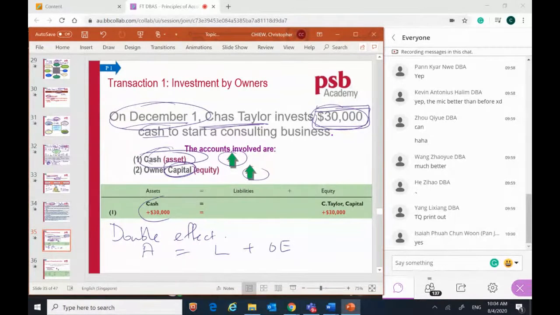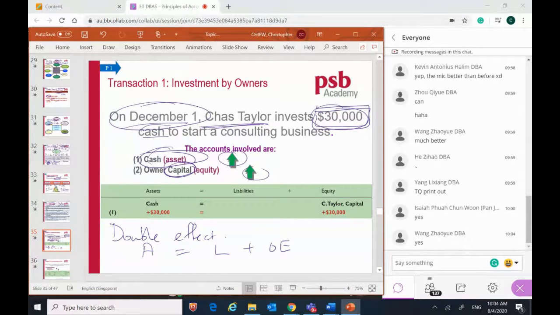Are you all following? Now, in terms of the accounting equation, what is the effect? Well, cash is your asset, the cash plus 30,000. Can you all see that? Now, capital. Capital belongs to the owner. Capital is under equity, owner's equity. So capital goes up by 30,000. Now, can you see what happened?